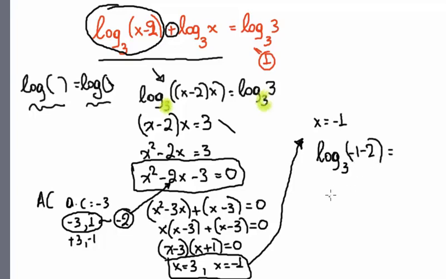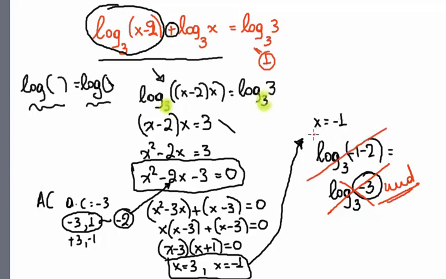And this is log with base 3 of negative 3. But as we know, the logarithms of negative numbers are not defined. So this is impossible. This is undefined. If this is undefined, then this solution is not correct. So the only solution that we get for this specific problem is that x is equal to 3.